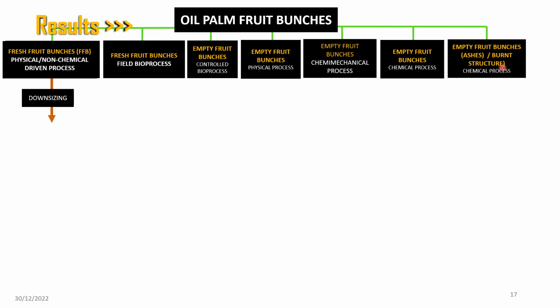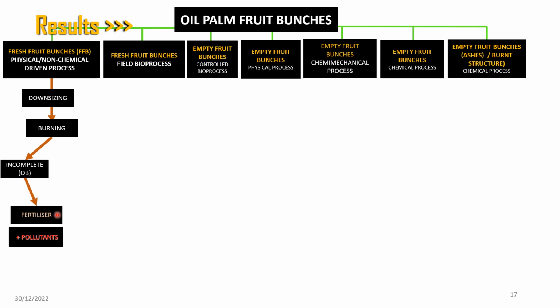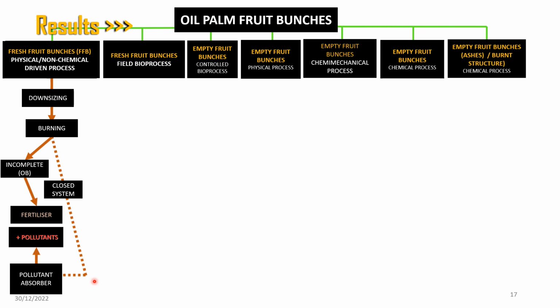So the easy physical process, low cost process normally involves open burning, happily adopted by farmers because it is almost capital free, but it taxes the environment and human health. It leaves an amount of emission in the form of pollutants, particulate matter, carbon dioxide, carbon monoxide. And that can actually be fixed with a closed system using pollutant absorber.